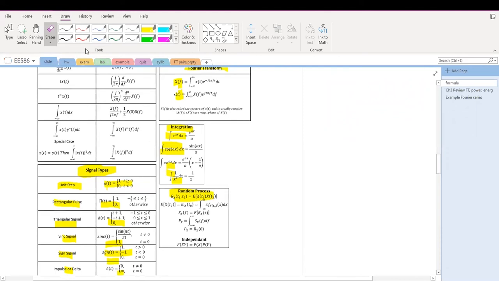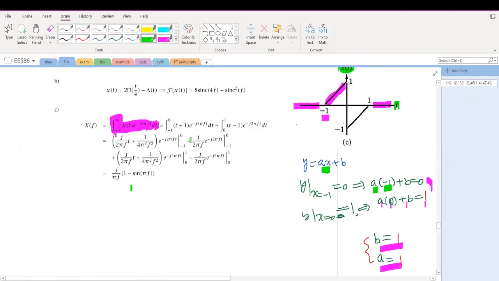This formula we're going to use: x e to the power ax, you do the integral, that equals to that. And we know these are two typical integrals we want to know because we use them a lot. Now you plug in, so this is t multiplied by e to the power minus j 2 pi f t, this term.